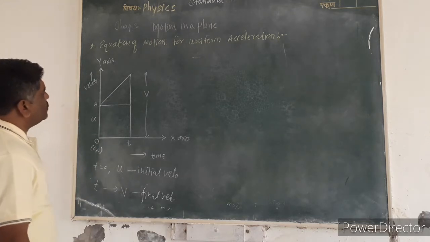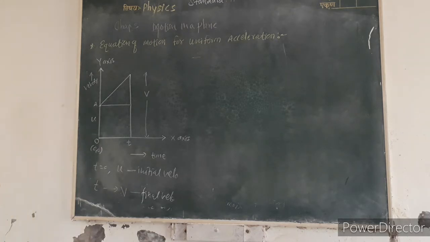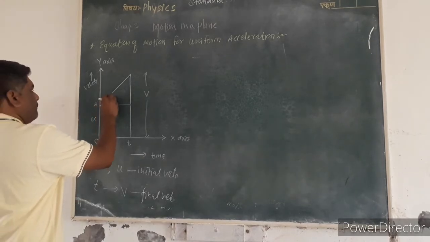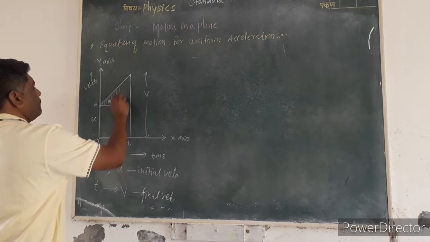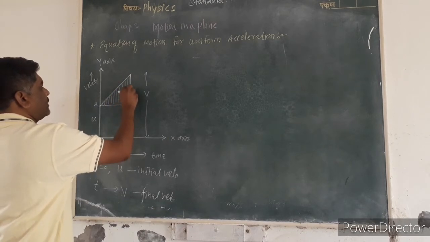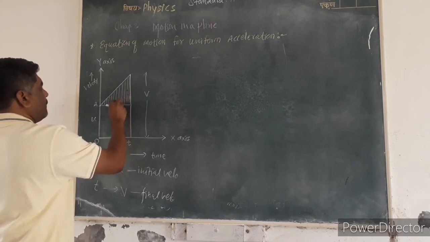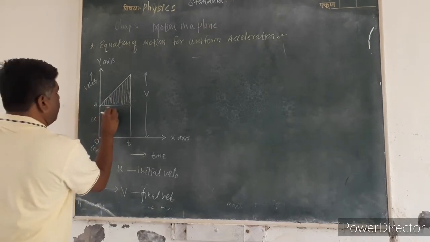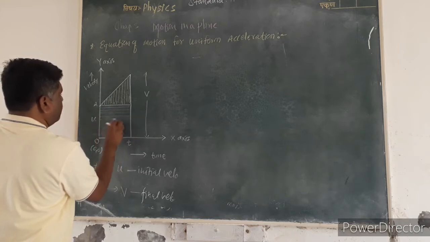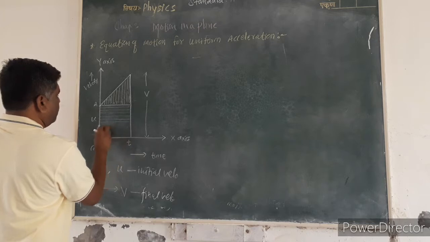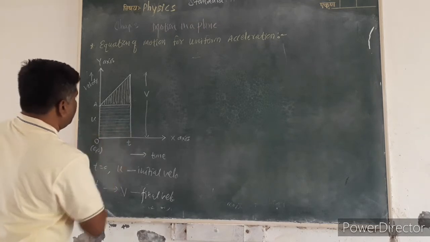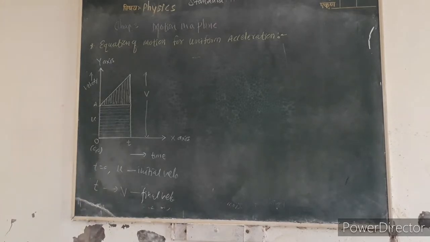Now, due to this there are two shaded portions. The first shaded portion acts as a triangle, and the second shaded portion acts as a rectangle.